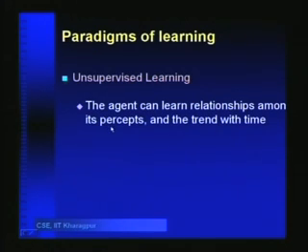We see that whenever this happens, then that also happens. That is the kind of learning which is unsupervised. In this chapter, we will mainly study supervised learning and reinforcement learning.